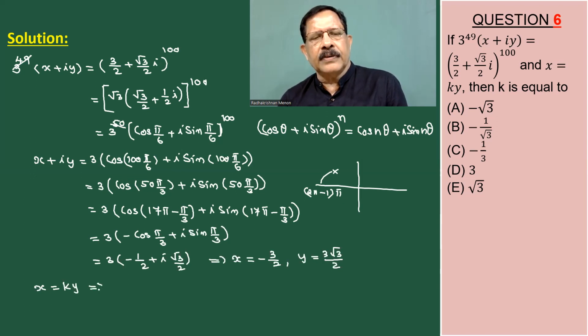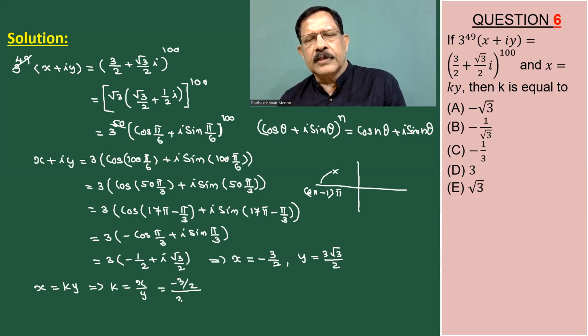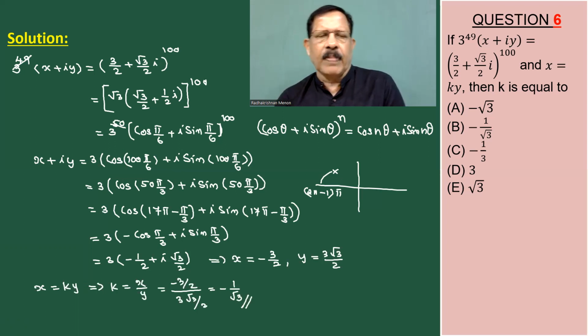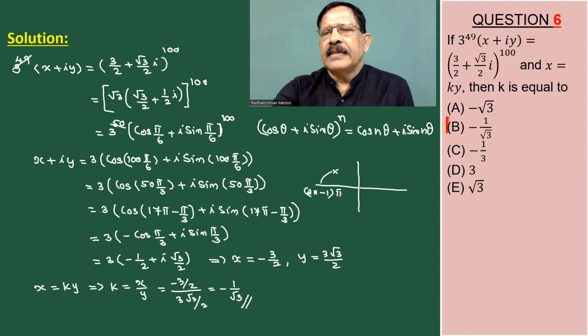So k is equal to x by y. X is minus 3 by 2, y is 3 root 3 by 2. So 3 is getting cancelled, 2 is getting cancelled, so minus 1 by root 3. So k is equal to minus 1 by root 3. That is appearing as option B.